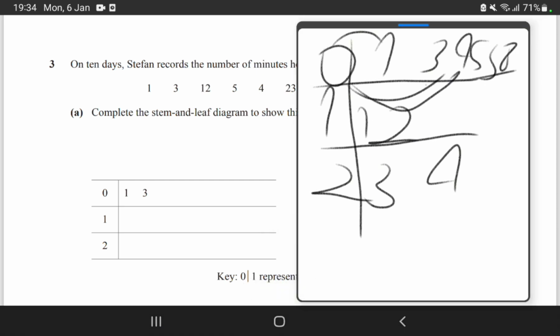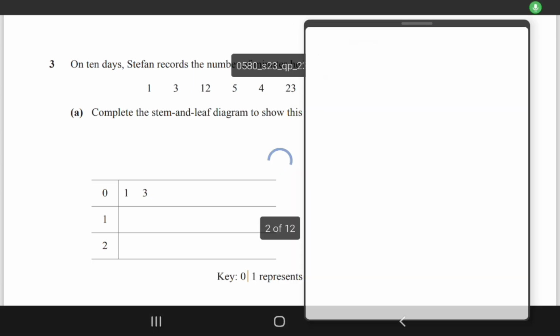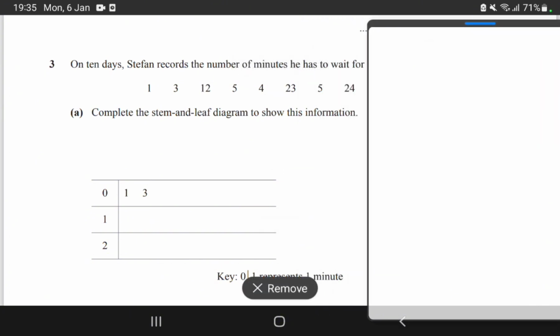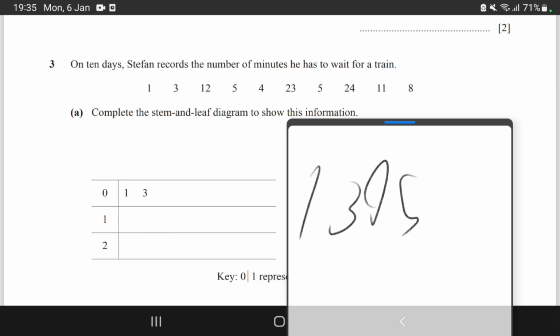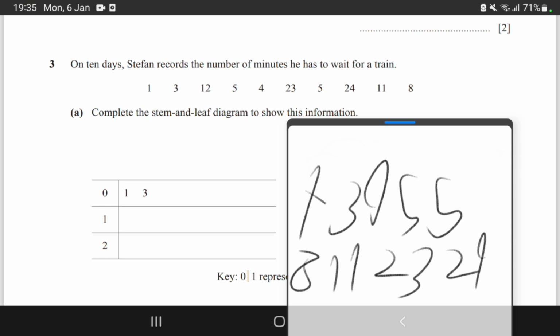Let's order it first, in ascending order: 1, 3, 4, 5, 5, 8, 11, 23, 24. Then we start crossing out: 1 and 24, 3 and 23, 4 and 11, 5 and 8. The median is 5.